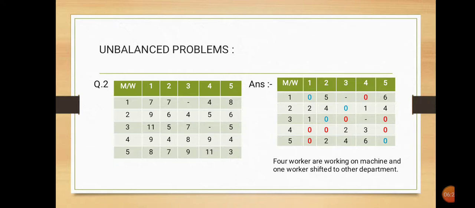You can try to solve it using the line method 2 times. Then after the third time, if we still do not get the correct allocation, we write the simple sentence: how many workers are available, 5 workers, but here 4 workers are allocated, so 4 workers are working on machines and 1 worker is shifted to another department or is idle.